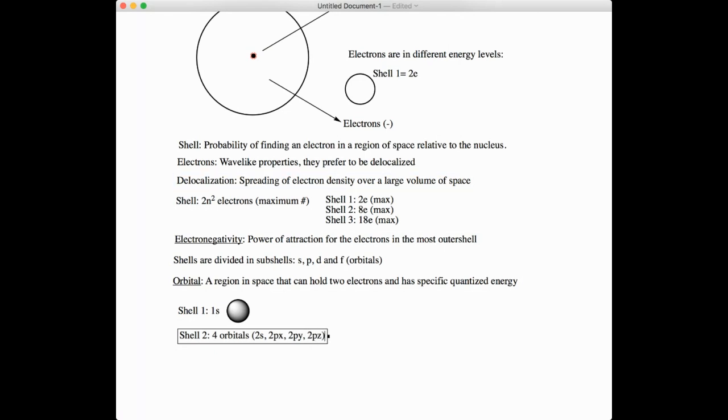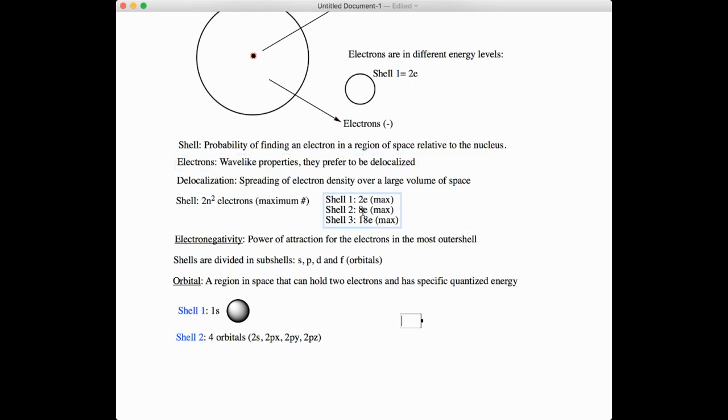Okay, so once again, shell number 1 can hold a maximum of 2 electrons. So that's one orbital, and we are going to call this orbital 1s, which is a sphere. Shell number 2, 2n squared for shell number 2, that's 8, right?